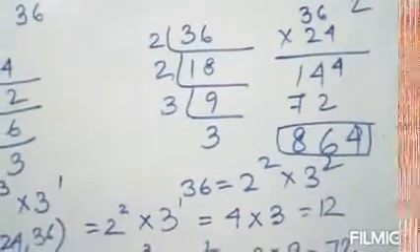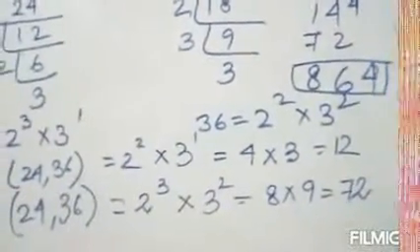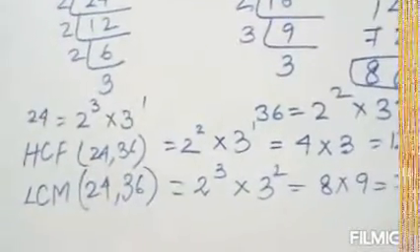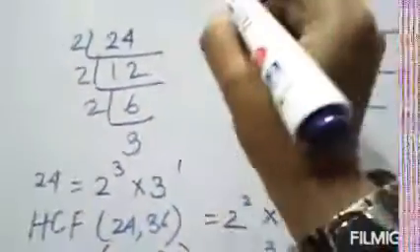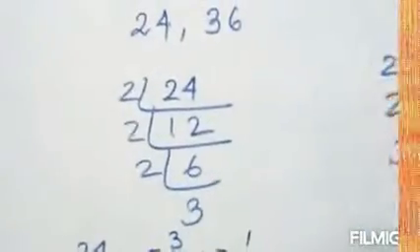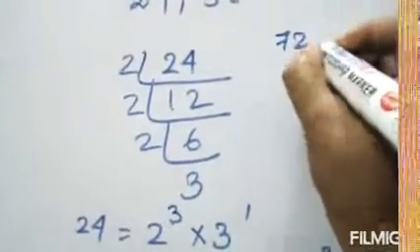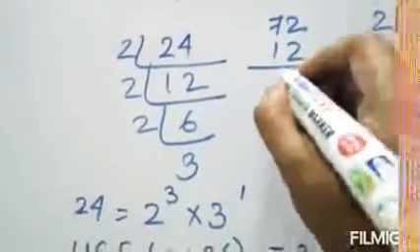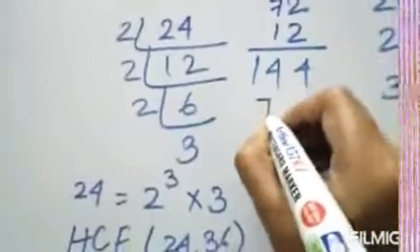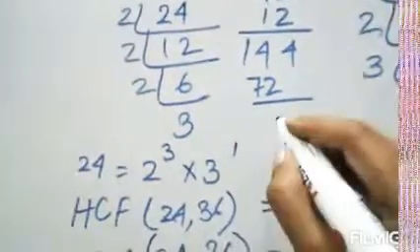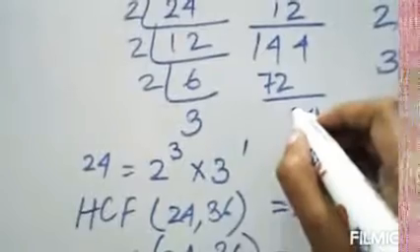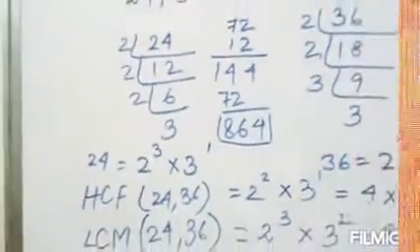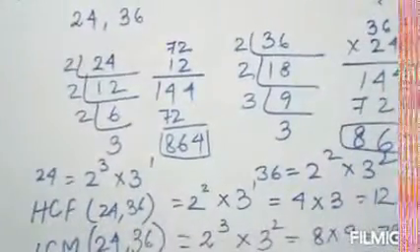Now, whatever LCM and HCF we have got, let's multiply those two. I'm multiplying over here. We have 72 and 12, which also gives 864. Oh my god, we are having the same. Both the products are the same.